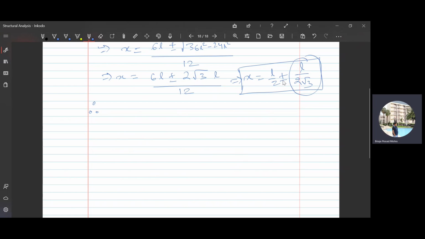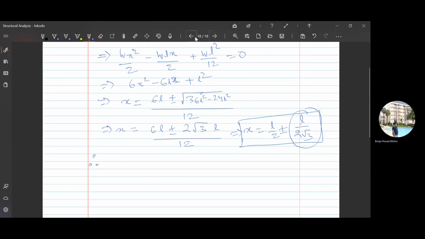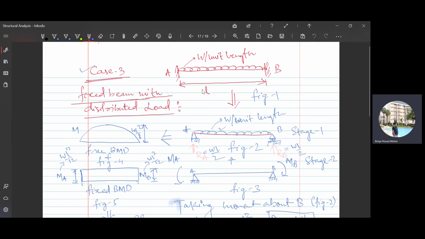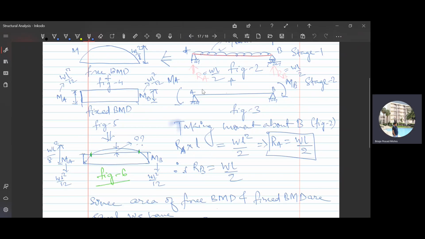If we go back to this figure, L by 2 means it comes here, L by 2 plus some value will be this one, and L by 2 minus some value in that equation which we got will be this point. Did you get?